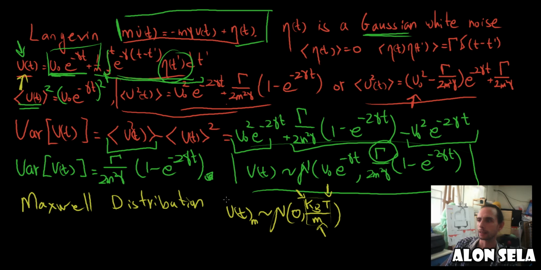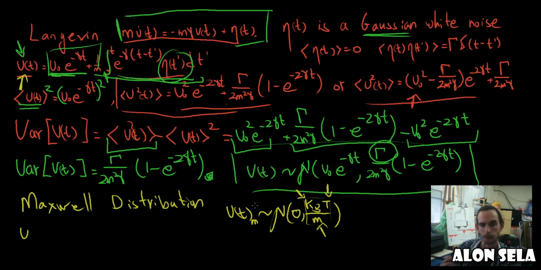So we are saying this next statement. We are saying that the particle starts at some velocity, and as time goes by, meaning as t is becoming larger and larger, we want the distribution for the particle to converge.